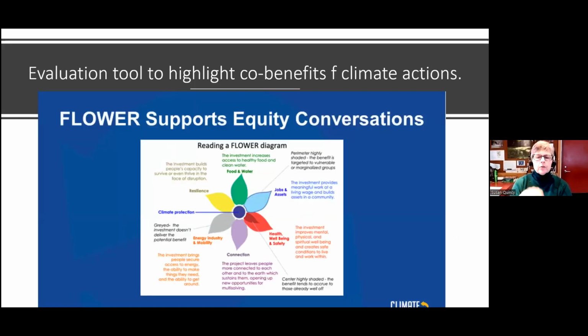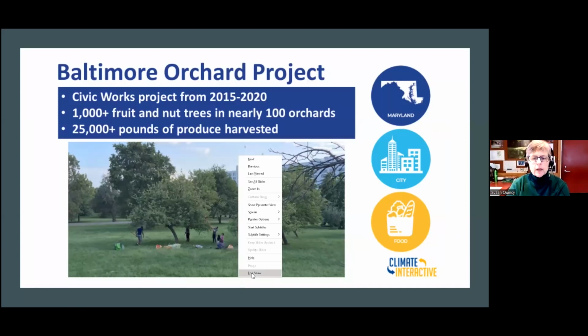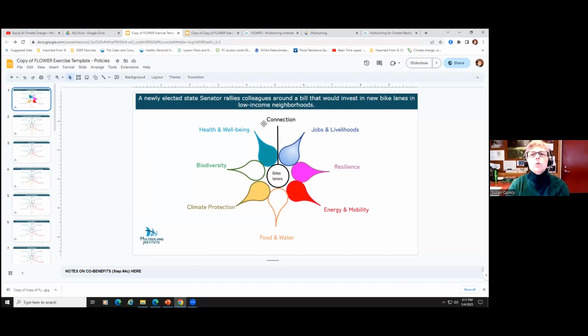So if you're not familiar with the flower, there is a lot of background information that we can provide to you, but also that is available that students can easily access and figure out how they're going to apply this flower to their project. So at this point, I am going to end the show here, and we're going to go specifically to this flower area.